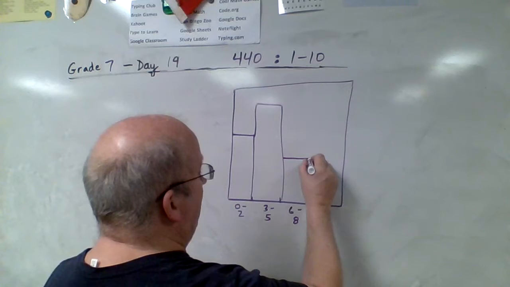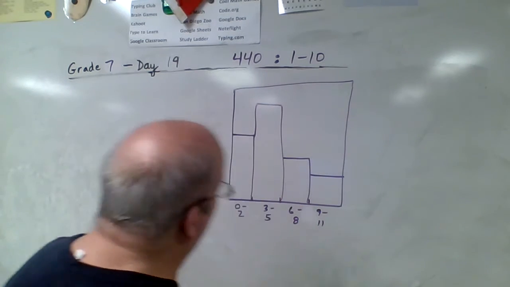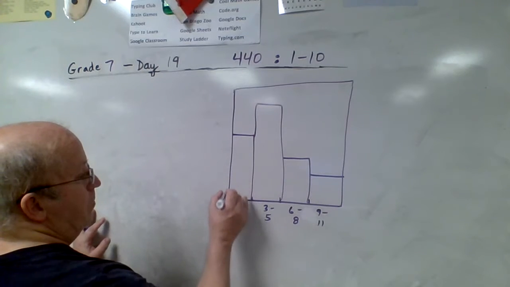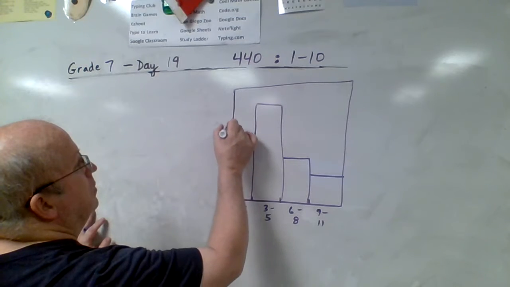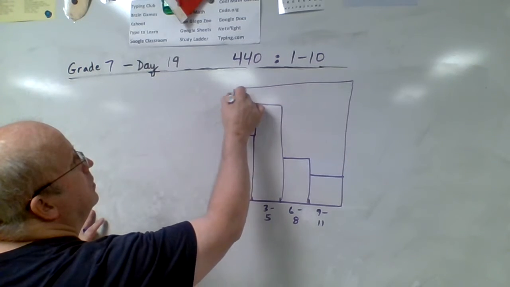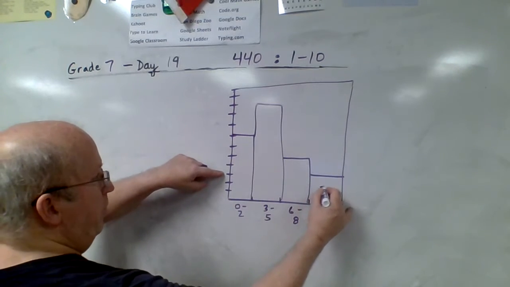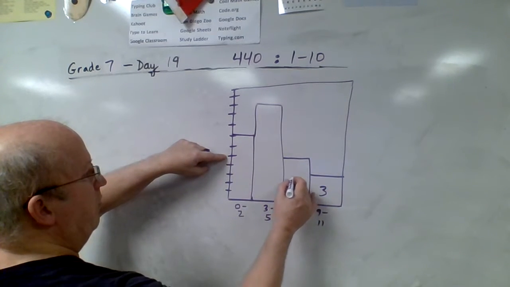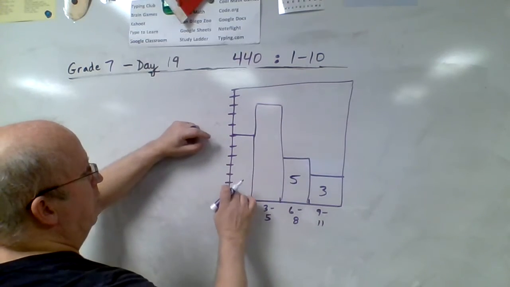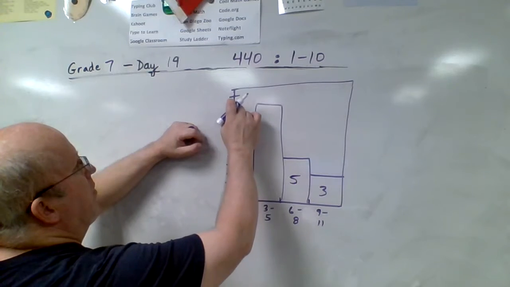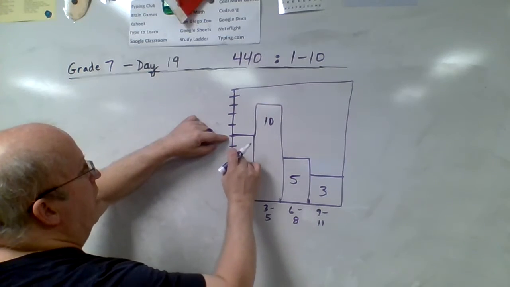But let's imagine that the bars are somewhat like this size, and that this bar represents 3, and this bar represents 5, and this bar right here represents 10, and this bar represents 7.